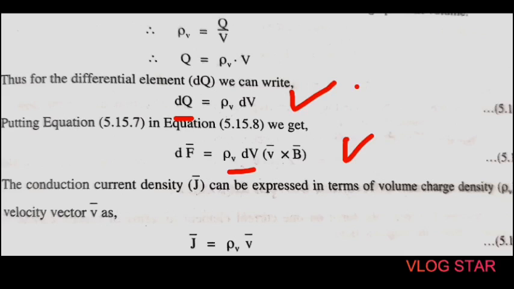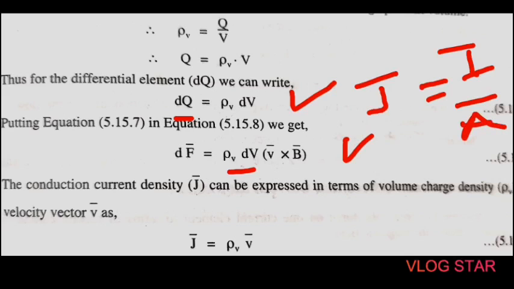Basically the current density is the ratio of current flowing per unit area, that is J is equal to I by A. So here we have to express that current density, that is J bar, in terms of rho V. So the basic equation of J bar is rho V into V bar.